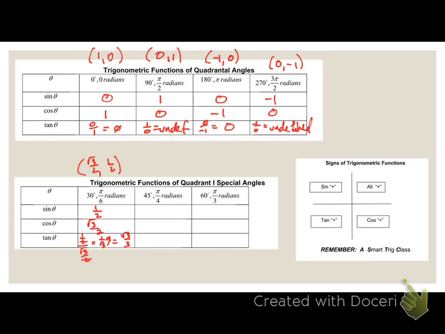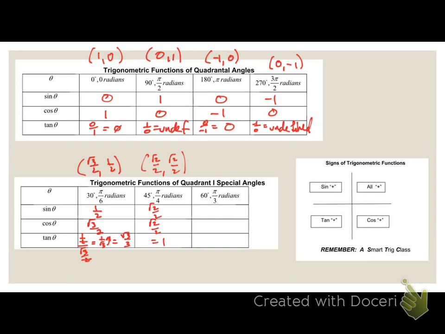Okay? And then 45 degrees. The coordinates are radical 2 over 2, radical 2 over 2. So sine of 45 degrees is just radical 2 over 2. Cosine is radical 2 over 2. And when you divide y by x, if you divide sine by cosine, you're just going to get 1 because you're dividing something by itself.